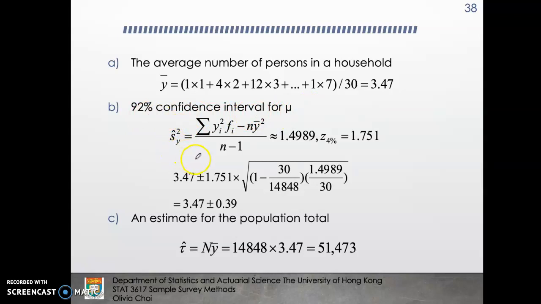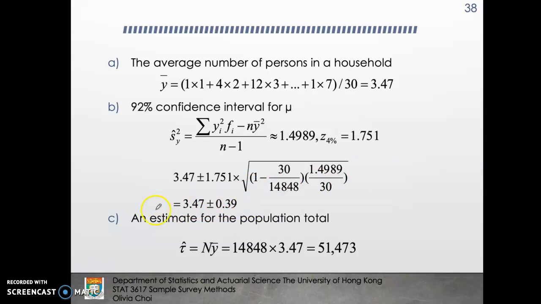Again, I want to remind you how to calculate it with this frequency table: the summation of yi squared multiplied by fi, the frequency, minus n y bar squared, divided by n minus 1. The critical value, if you look it up, is 1.751. So just plug everything into the equations and we can find the confidence interval for mu.